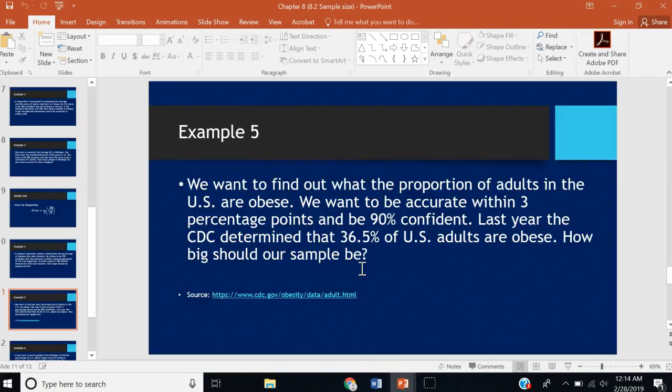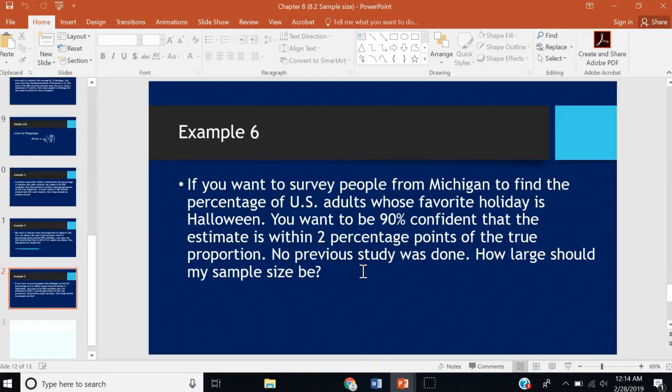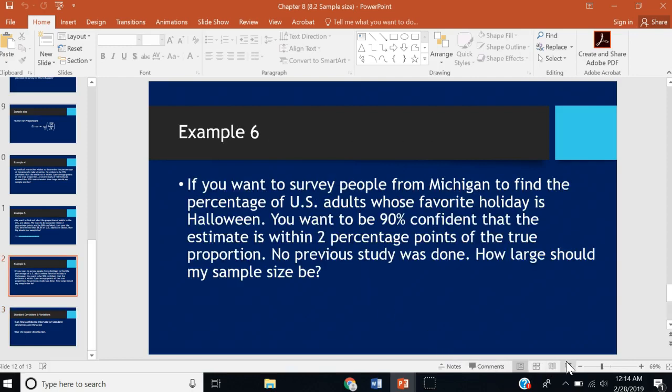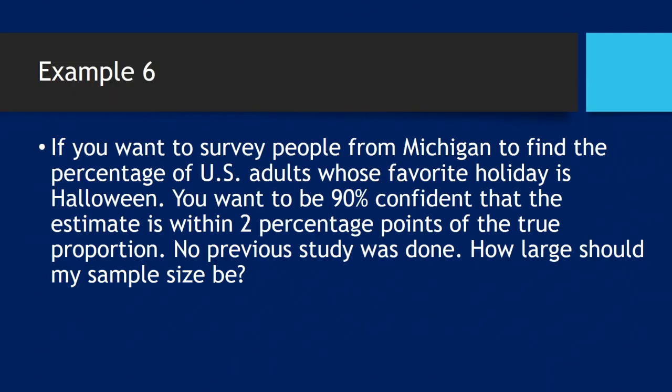Now, one thing that we can look at with proportions that we cannot do with averages is we can actually go back and we can base our sample size even when there's not a previous study to go off of.